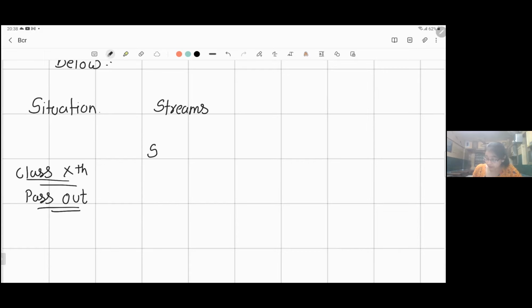Just write first science. In science, there are bifurcations. You will write the next topic, that is subject. In first science, you all will write, that is physics.